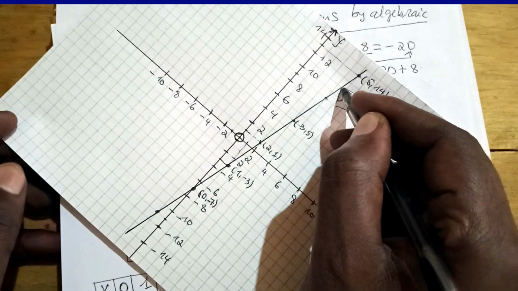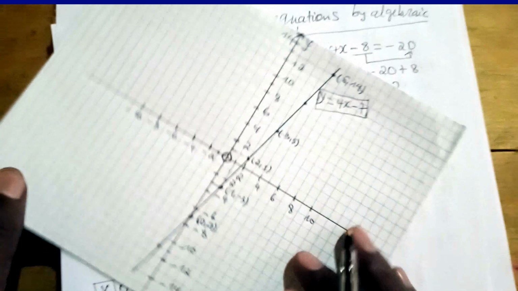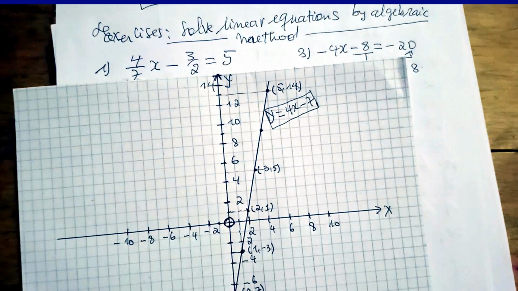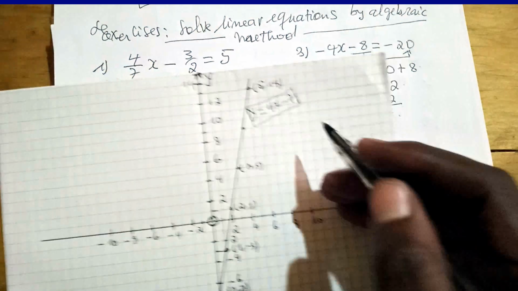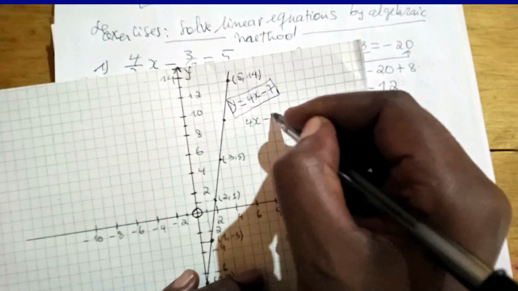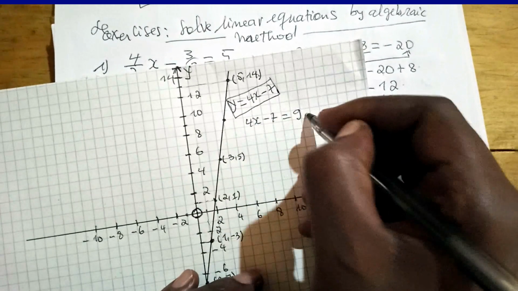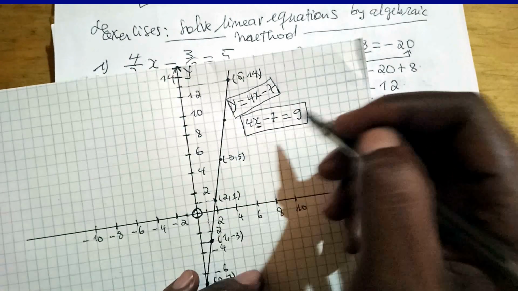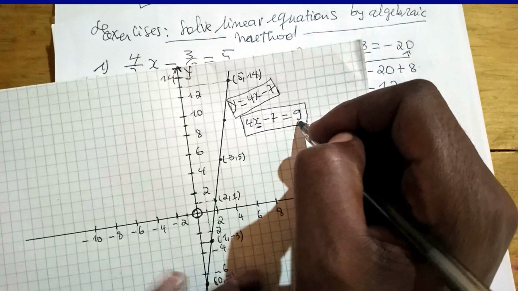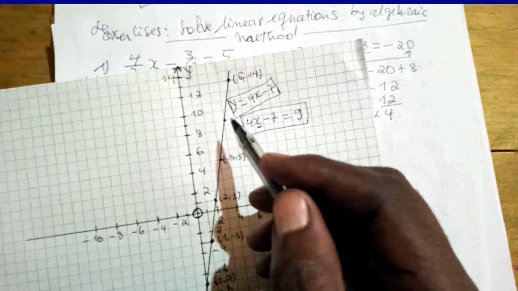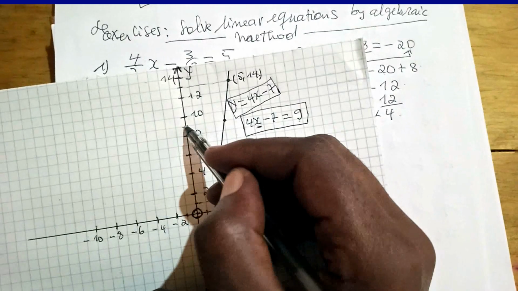And then let us see how to determine the value of x. We start from 4x minus 7 equal to 9. We are going to see what is the value of x when y is equal to 9. Here we have 9.